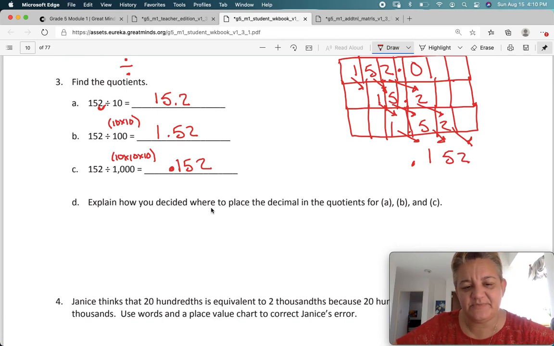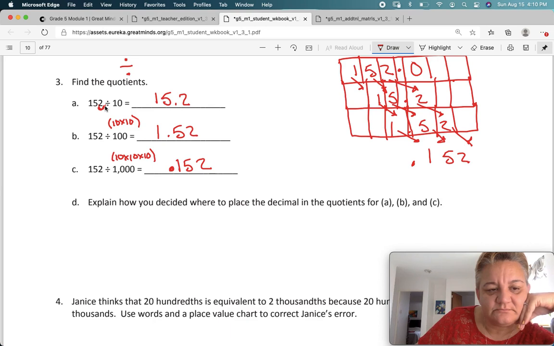Explain how you decided where to place the decimal in the quotients. So what did we actually do? Here we moved the decimal one place. Here we moved the decimal 2 places. And here we moved the decimal 1, 2, 3 places.